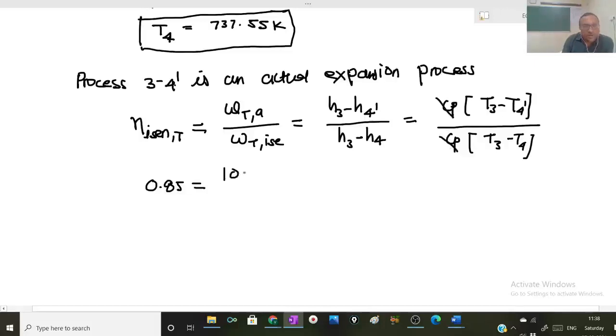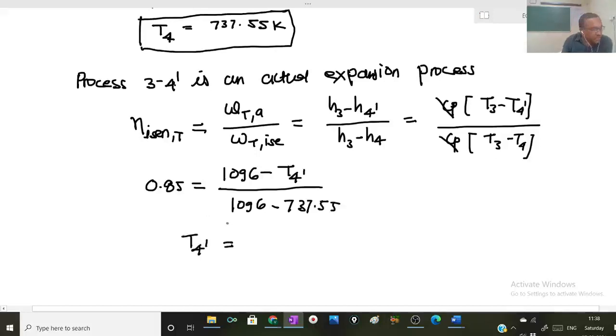T3 is the top temperature, 1096. T4 dash I have to calculate. 1096 minus T4 is 737.55. So from here T4 dash will come out as 791.32 Kelvin.